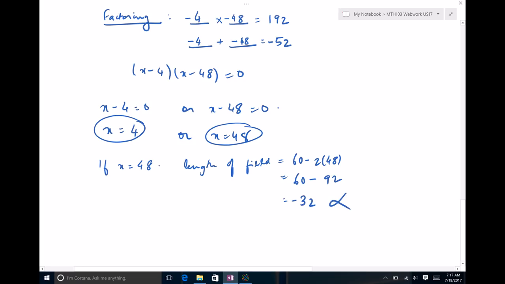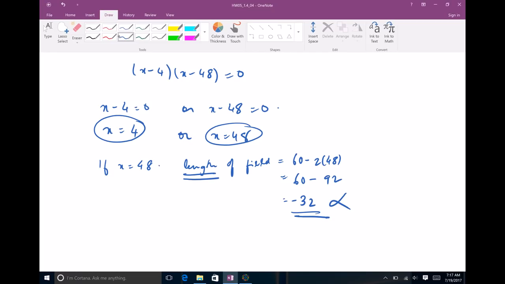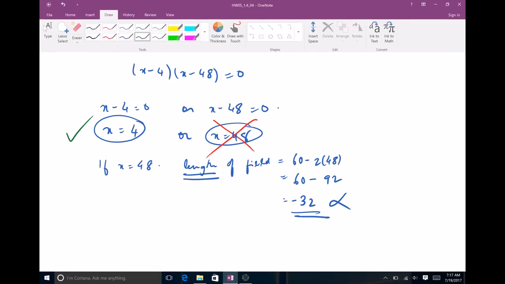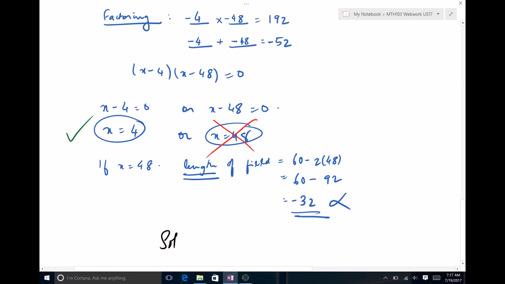So that's obviously not a solution since the length of a field cannot be negative. So that means that I cannot accept x equals 48. The only answer that I can accept is x equals 4. And that tells me that the solution to this problem is x equals 4, or the width of the walk is 4 feet.